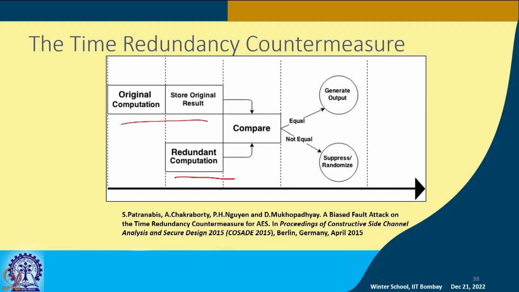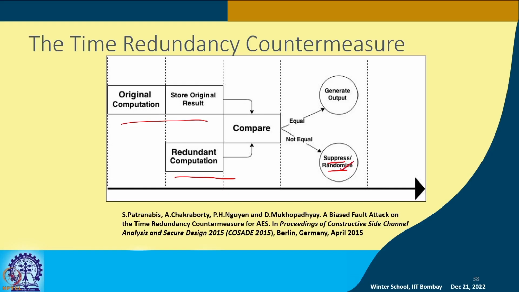One is that you mute the output. You don't output anything. But if you do that, that is also an information disclosure, because you are now telling that there was a fault. So rather, the more commonly accepted strategy in industry is that you output a random output. You just output some random cipher with the hope that it cannot be exploited. So you basically randomize.